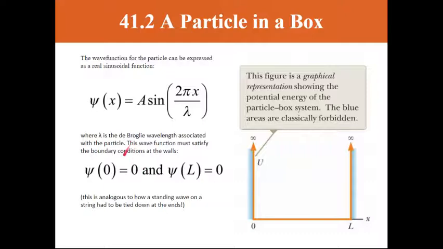That means that at the edge cases, at the corners, at 0 and L, the wave function is 0. That's how, when you saw a standing wave, you had to have nodes at either end.